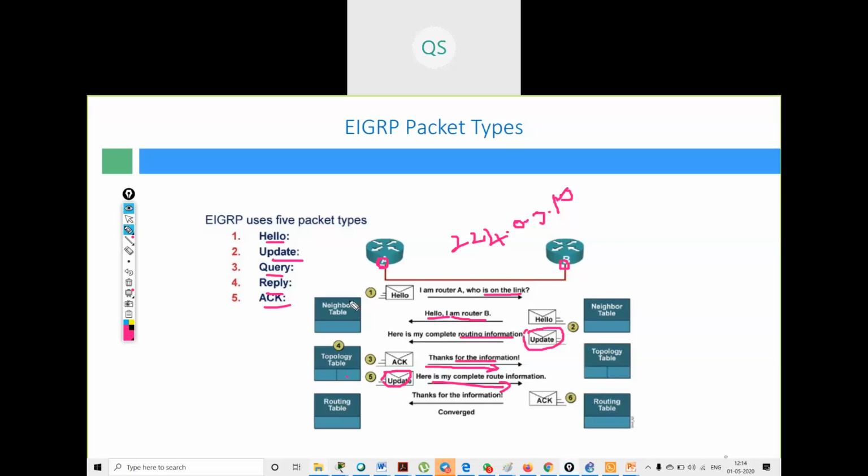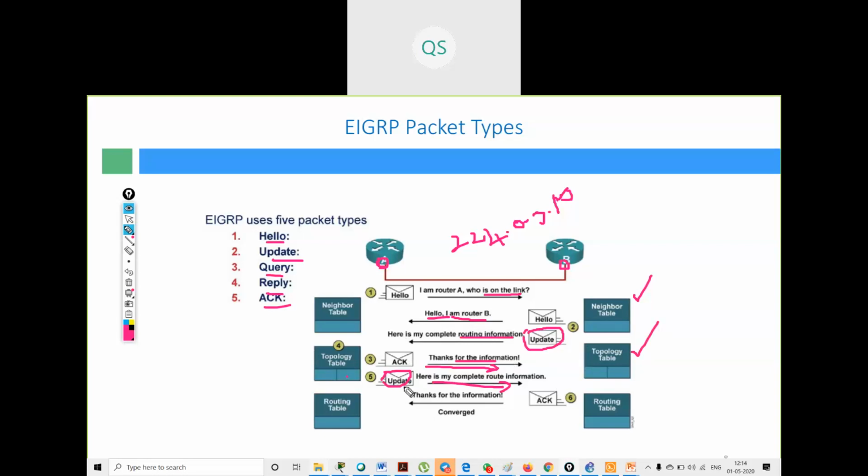Whenever the hello packets are exchanged, the neighbor table is formed. When both routers exchange the update packet and the complete route information has been exchanged, the topology table is formed.